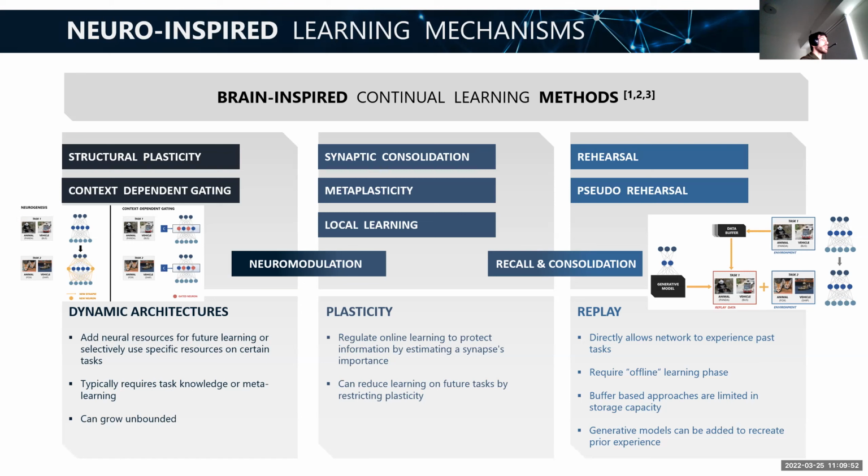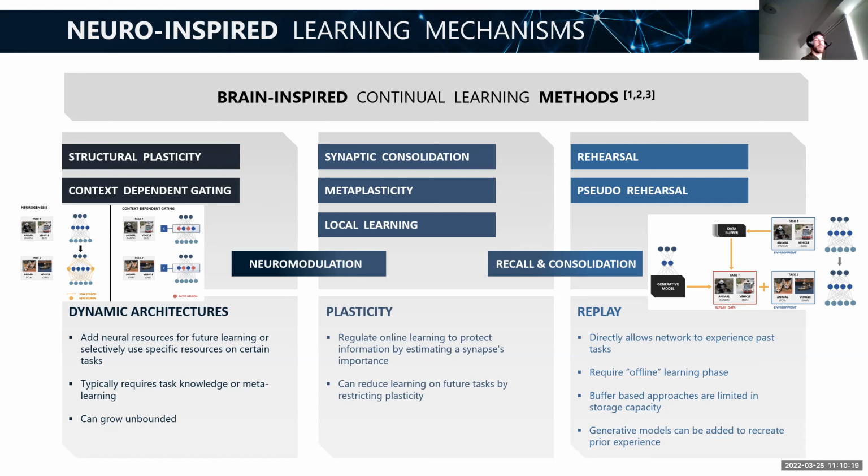These approaches work well because they can add new resources to take control of the learning process when experiencing new tasks. And that way you don't have catastrophic forgetting in prior neurons that learned old information. This is very similar to adult neurogenesis that goes on in the human brain.